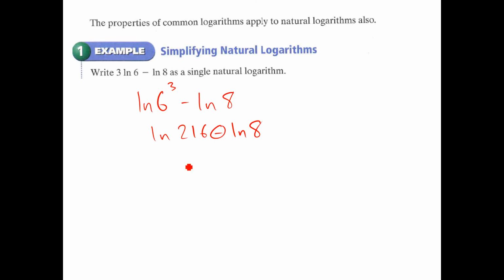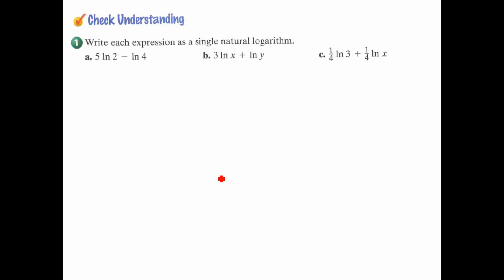Now, quotient property, 216 over 8, and 216 divided by 8, check it on the calculator, is 27. So we would have the natural log of 27. You could put that into your calculator to approximate it, but we're going to leave it just like that with an exact value. All right, couple for you to try.